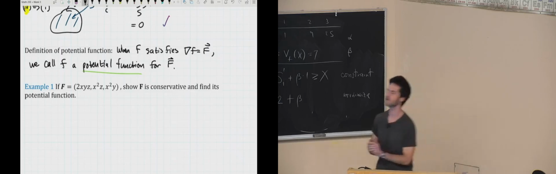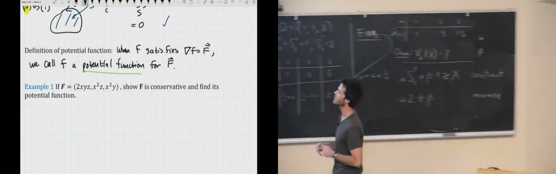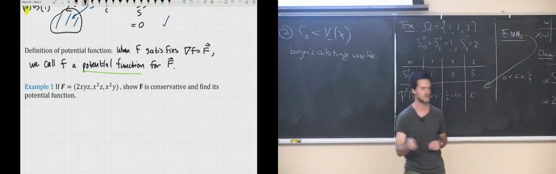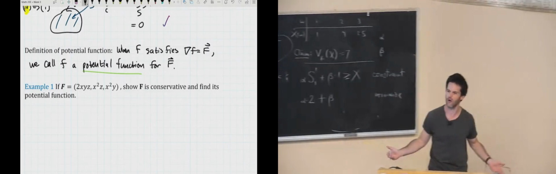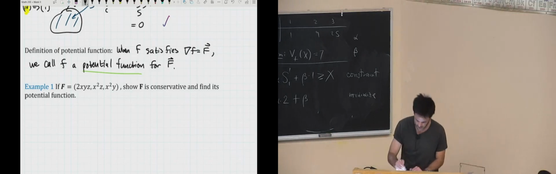I want to use our new theorem which gave us 4 different ways to check whether a function is conservative. And I think the easiest is just take the curl. All right, it's just straightforward calculation.